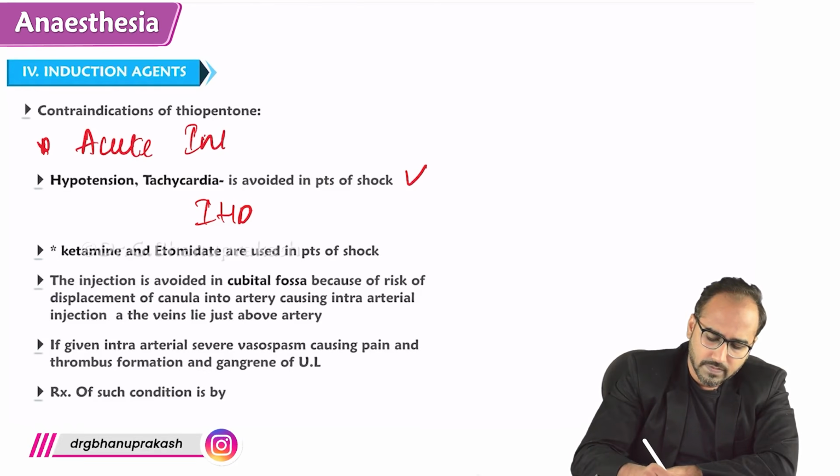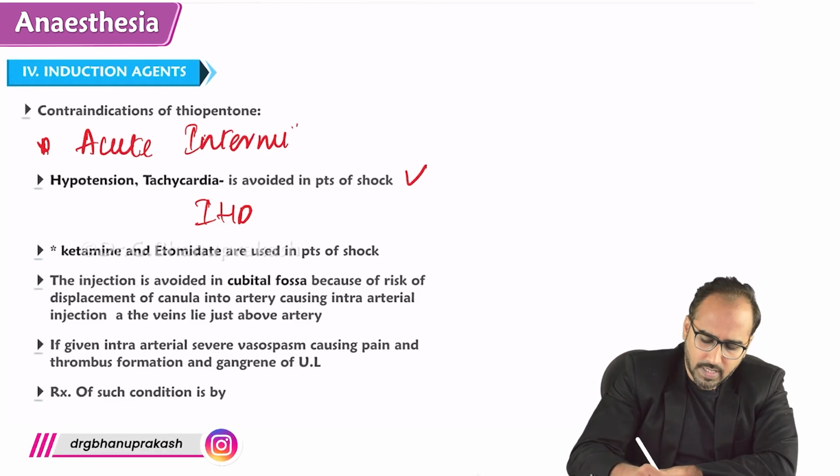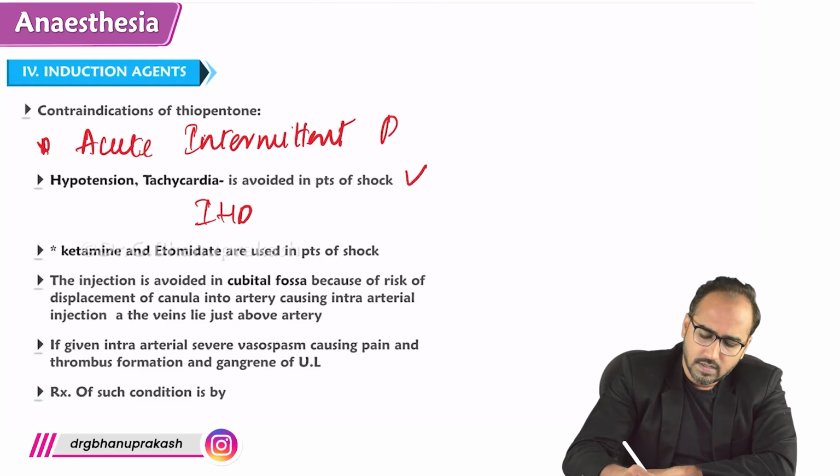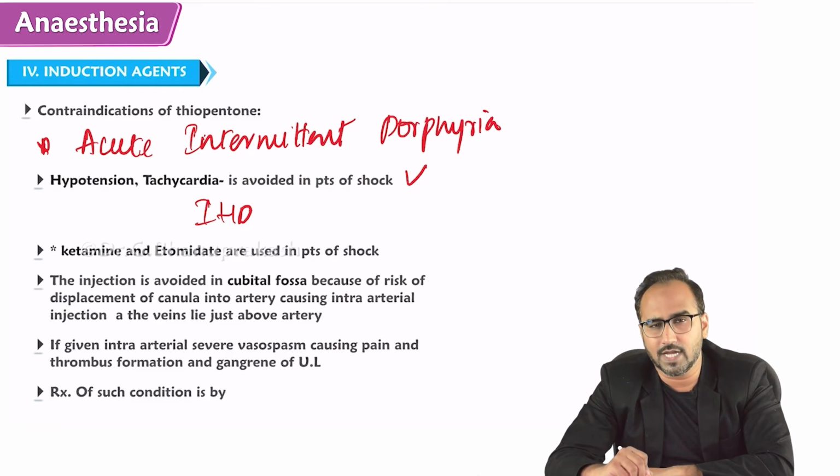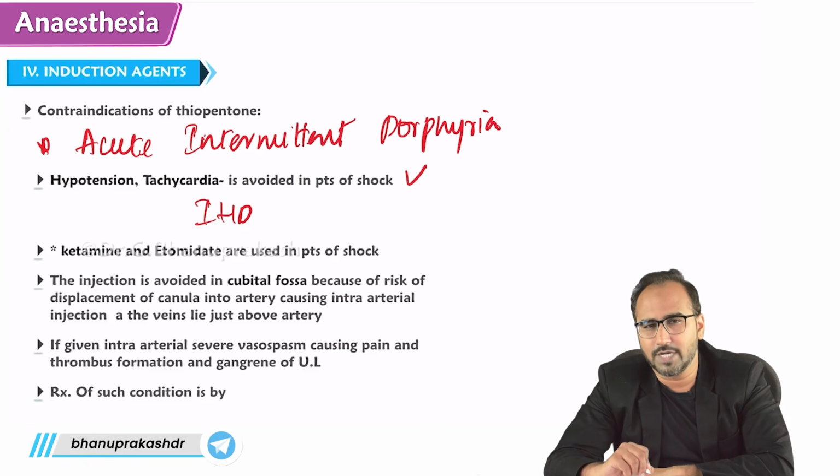Acute intermittent porphyria. If you give thiopentone in a patient who is suffering with porphyria, the porphyria gets worsened. Why? Because thiopentone stimulates an enzyme called ALA synthetase that will worsen the porphyria.